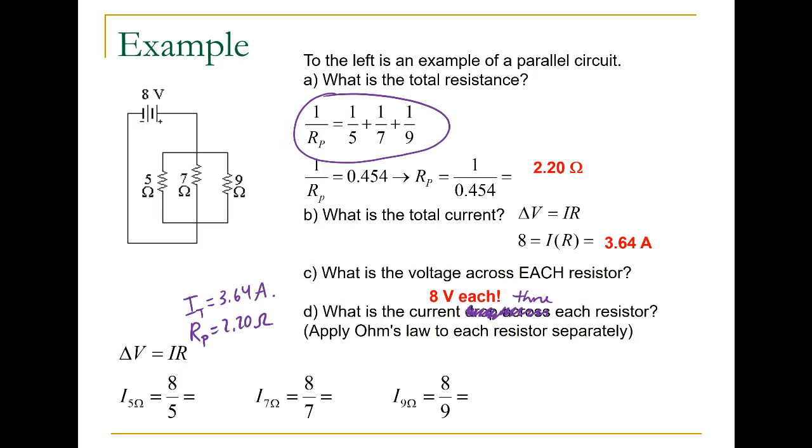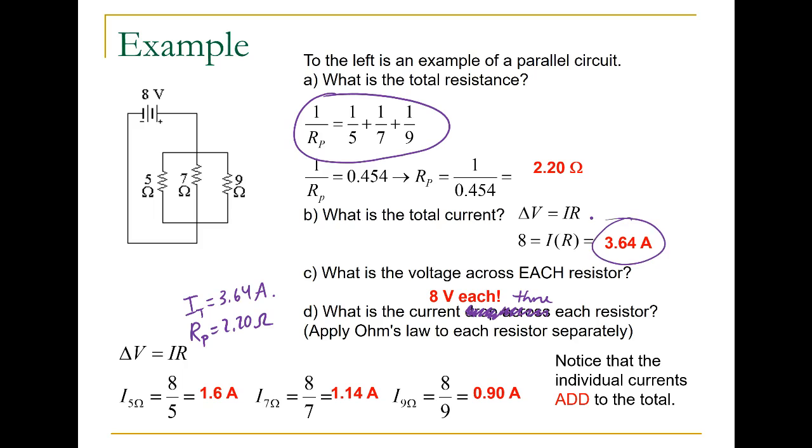We really don't want to say current drop, that doesn't really make sense. So what's the current through each resistor? I5 is 8 over 5, I7 is 8 over 7, and I9 is 8 over 9, and we get 1.6, 1.14, and 0.90 amps, and if you add those together, you are going to get 3.64. So again, I total is equal to I1 plus I2 plus I3.